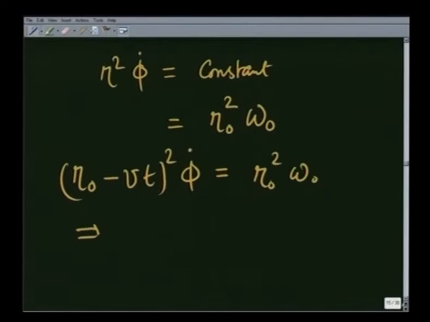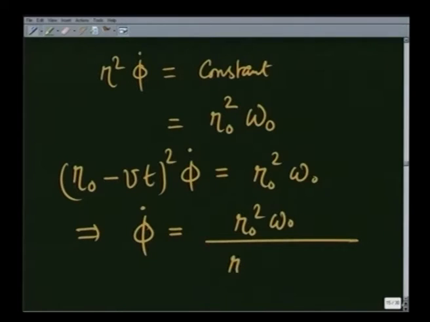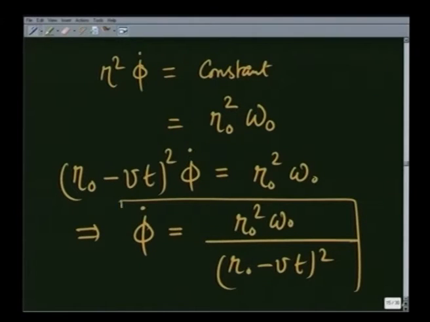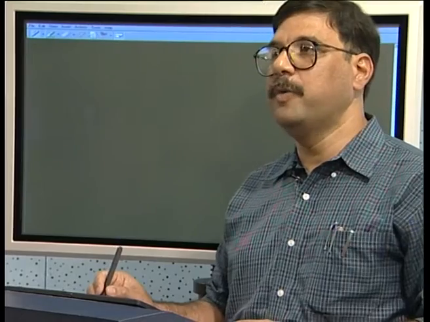And therefore, the angular speed, if I am pulling the wire end with a constant speed, is going to change as r 0 square omega 0 over r 0 minus v t whole square. So, we have obtained how the angular speed changes. How about the force needed to pull the wire in?